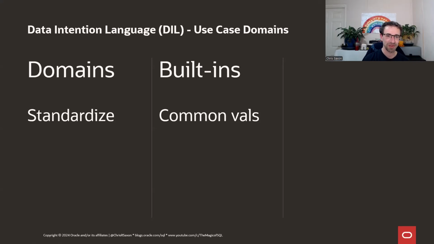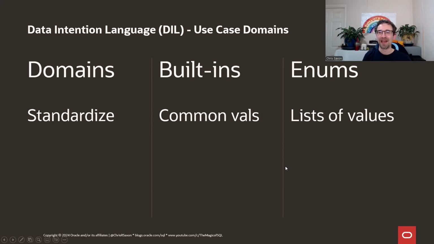There is a whole stack of built-in domains for well-known business values, credit card numbers, days of the week, at least the English spelling of days of the week, things like that. And in the most recent release, we've added enumeration domains, which allow you to define lists of values.